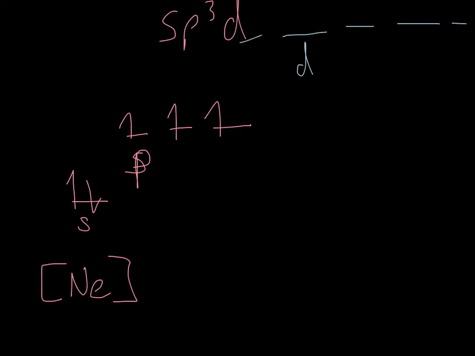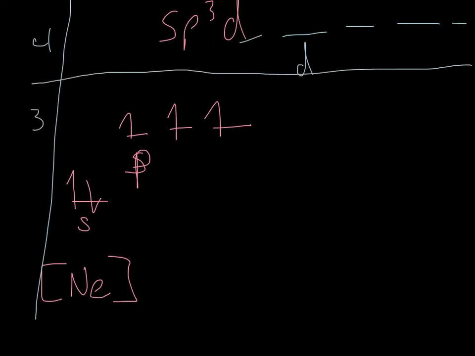But because of the way electron configurations go, it's actually in the 3rd level. The d is just too high of an energy level for us to access right now. Well, with the hybrid, as you can see from the name, sp3d, one of these orbitals is going to come down and join the p and the s.